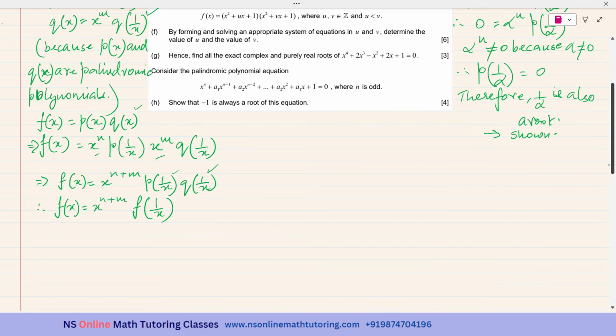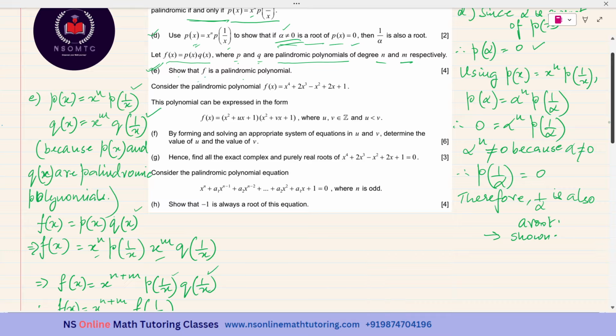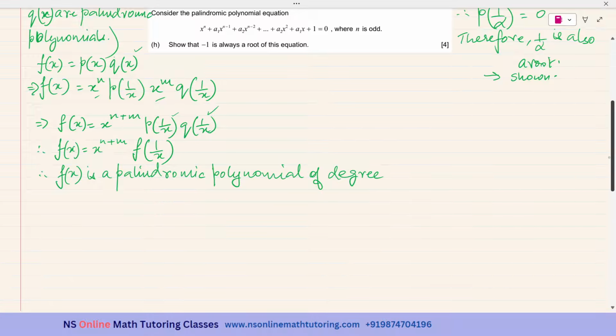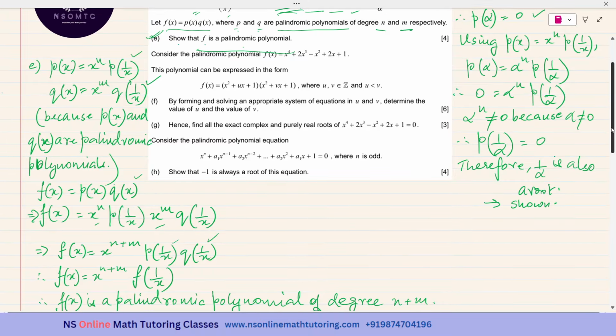So f is a palindromic polynomial of degree m plus n, or n plus m, whatever you want. Shown.